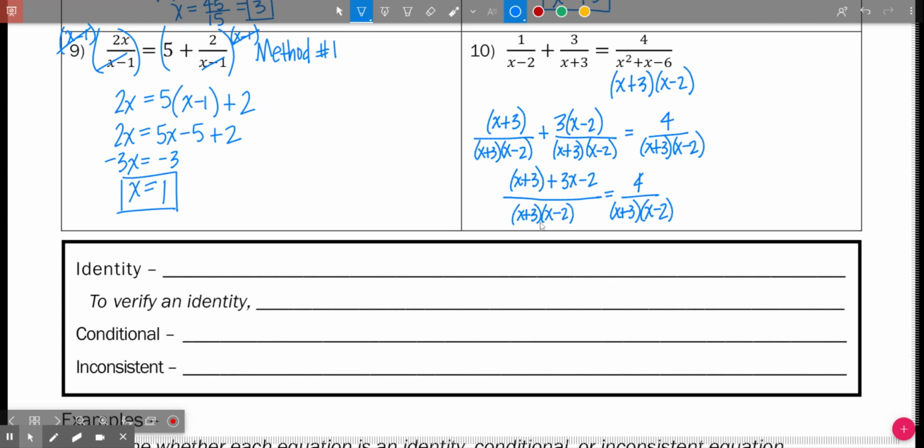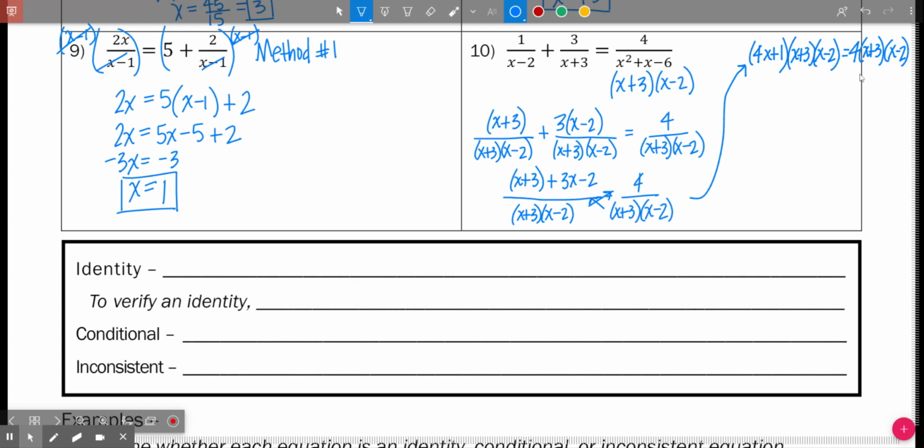Now, since I have the same denominator on both sides, when I cross multiply, I'm going to have 4x plus 1 when I simplify the numerator times x plus 3 times x minus 2 equals 4 times x plus 3 times x minus 2.